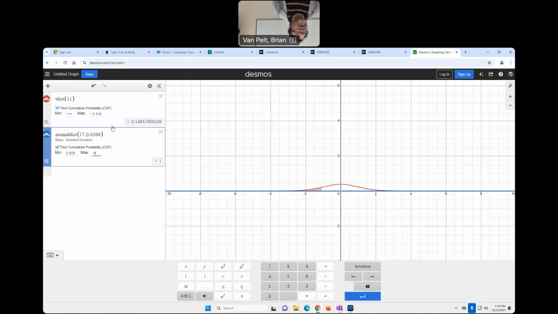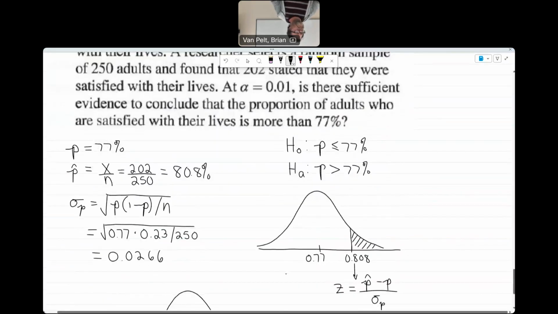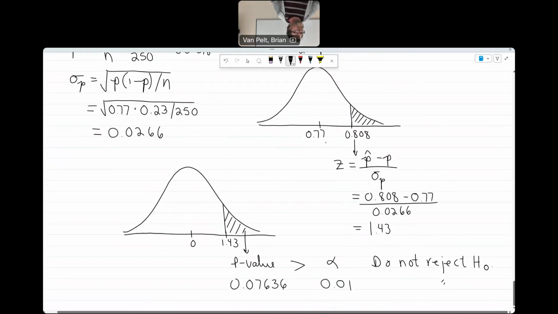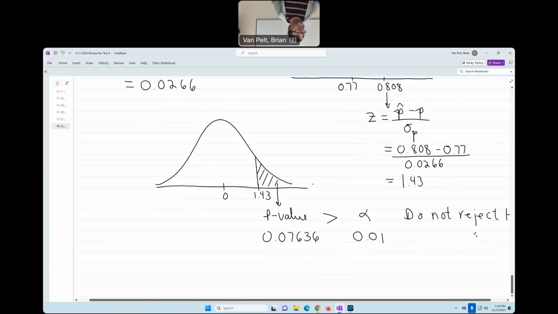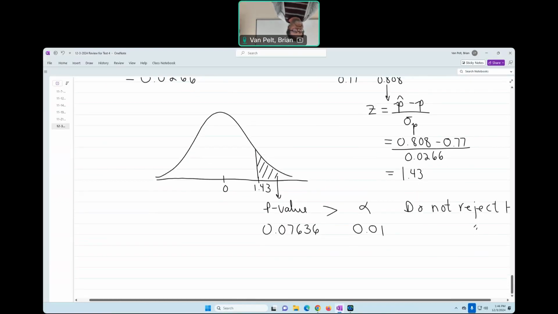Mistake here. Oh, I know it's wrong. Okay. You see our p-value here, the 0.736.